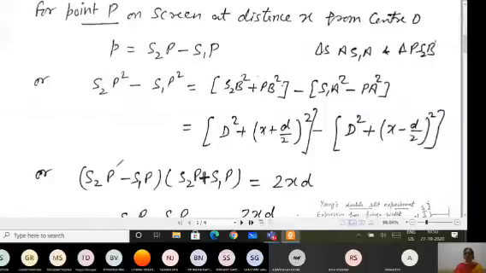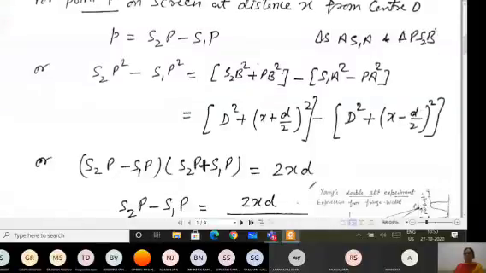If you work this out, of course, D square will get cancelled. If you open the bracket, x square plus d square by 4 plus 2xd by 2, it means xd only is left. And here also, x square and d square by 4, these both terms will get cancelled, and minus of minus xd, I am left with 2 small x small d.